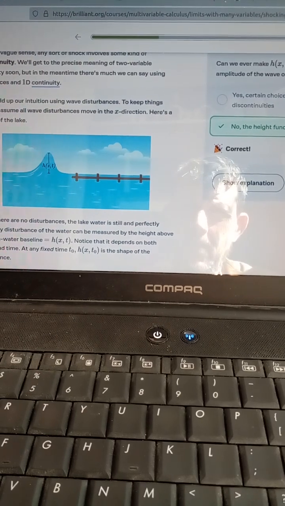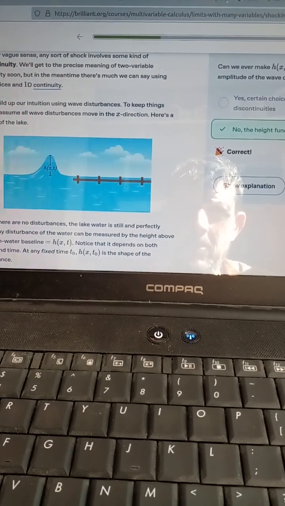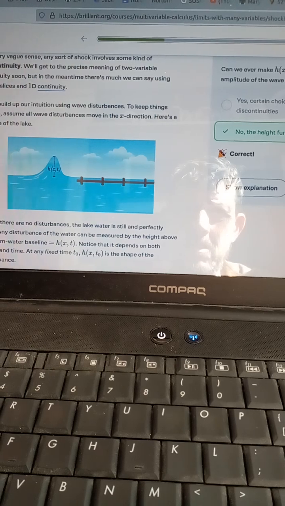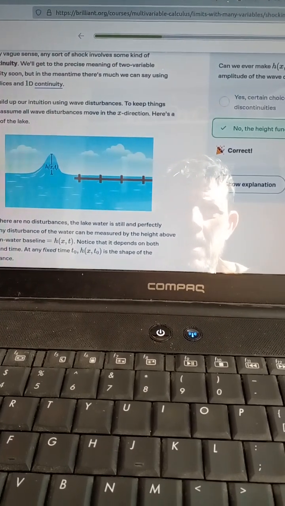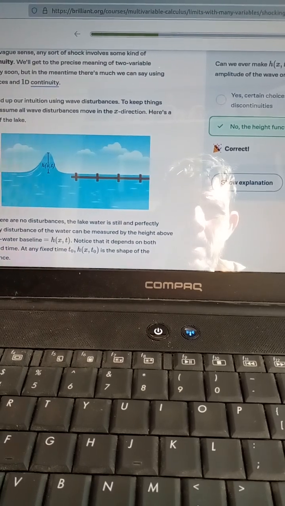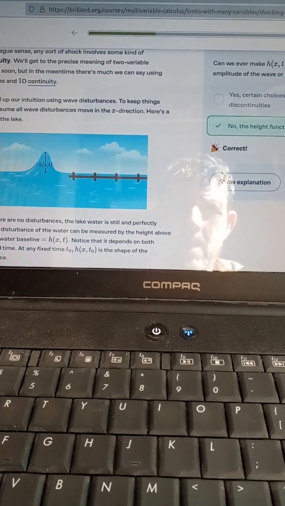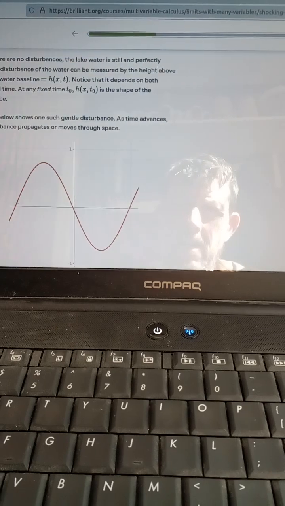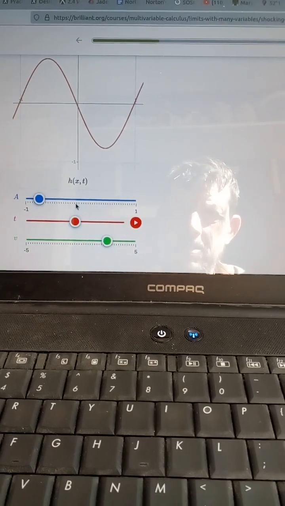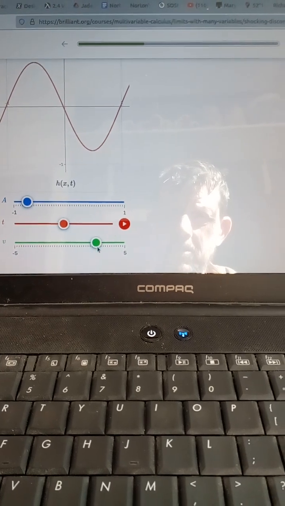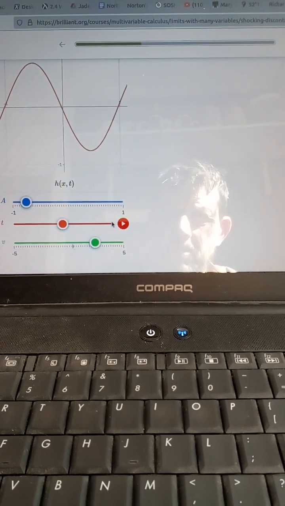And there's a bit about wave equations. And that's okay. There's a little interactive thing here. You can change the amplitude, you can change the velocity, positive or negative, and you can run it.